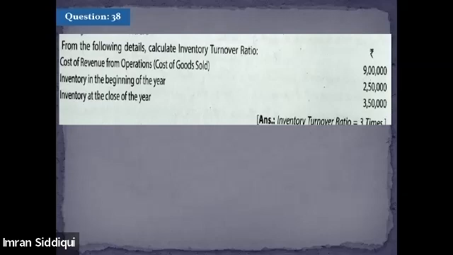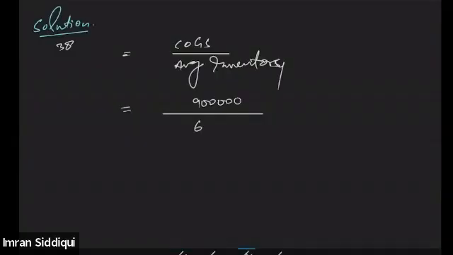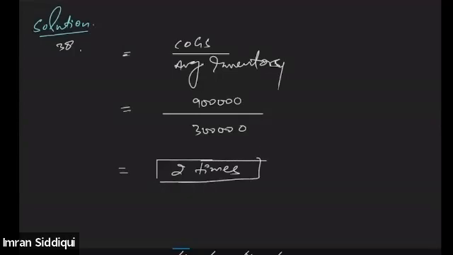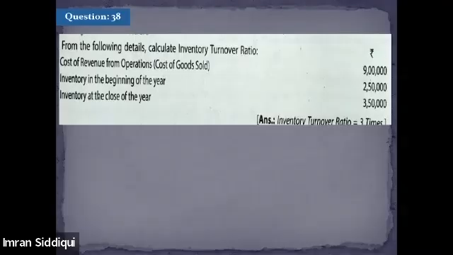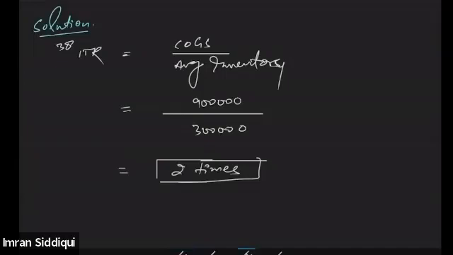So by adding both these values and dividing by 2, we will get the average inventory. 250 plus 350 will be 6 lakhs, and 6 lakh divided by 2 will be 3 lakhs. So the inventory turnover ratio or stock turnover ratio is 3 times.